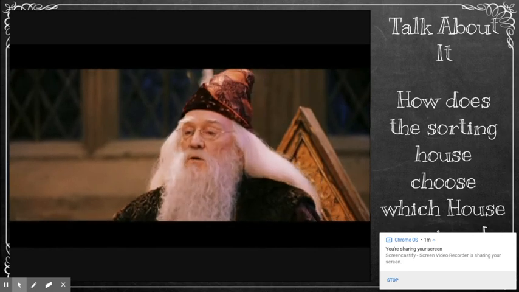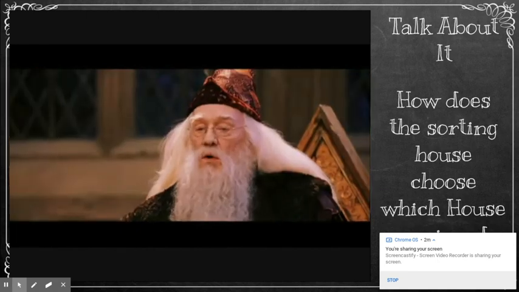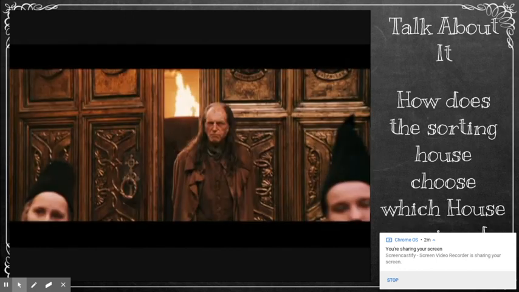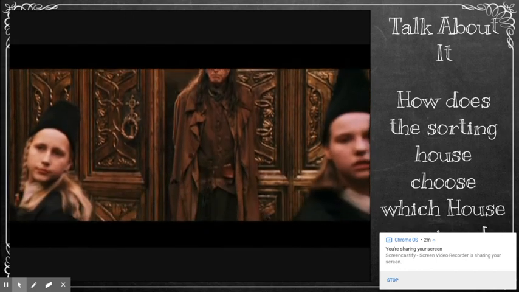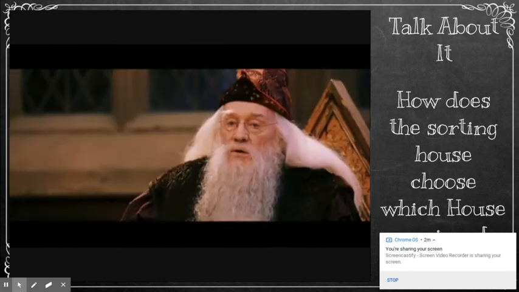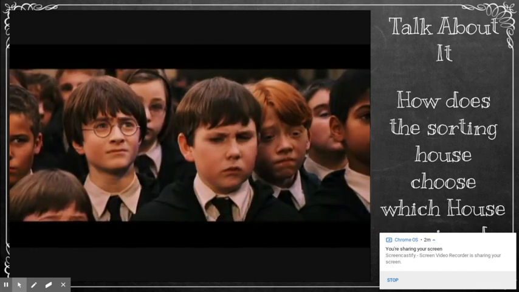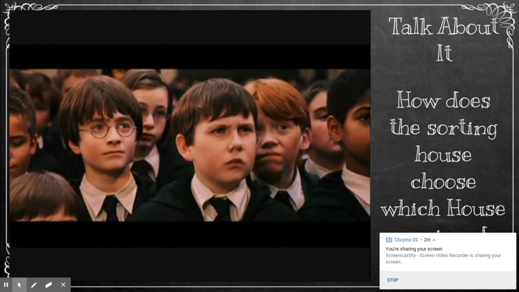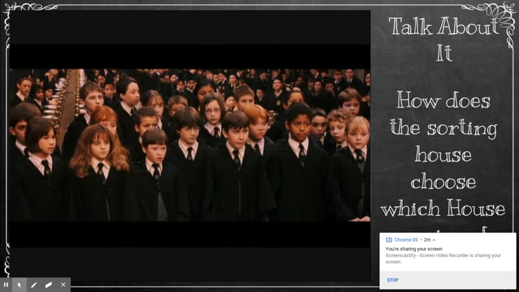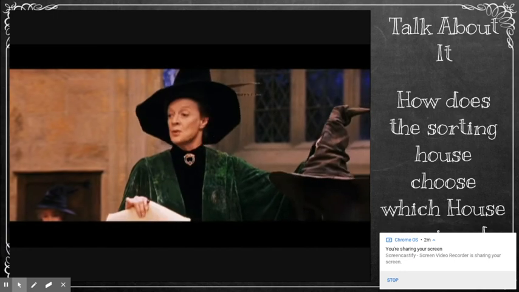The first years, please note that the Dark Forest is strictly forbidden to all students. Also, our caretaker, Mr. Filch, has asked me to remind you that the third-floor corridor on the right-hand side is out of bounds to everyone who does not wish to die a most painful death. Thank you. And when I call your name, you will come forth. I shall place the sorting hat on your head, and you will be sorted into your houses.